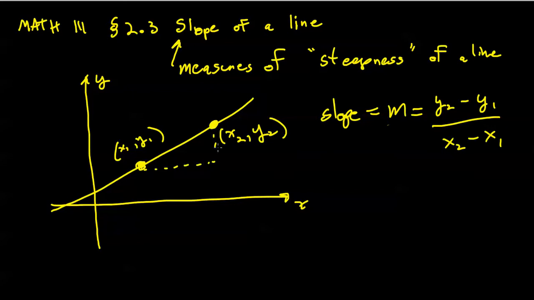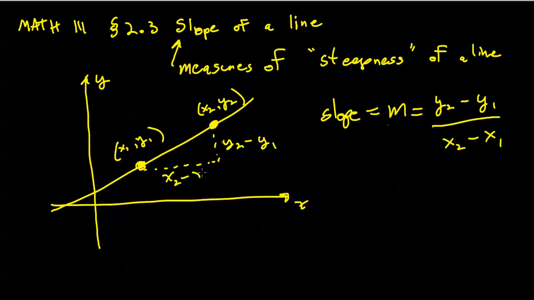If I was to draw here what I call a slope triangle, I can visualize, let me put the coordinates up here, x2, y2 of that second point. Well, the difference in the y coordinates here can be visualized as the vertical distance between those points in the xy plane.